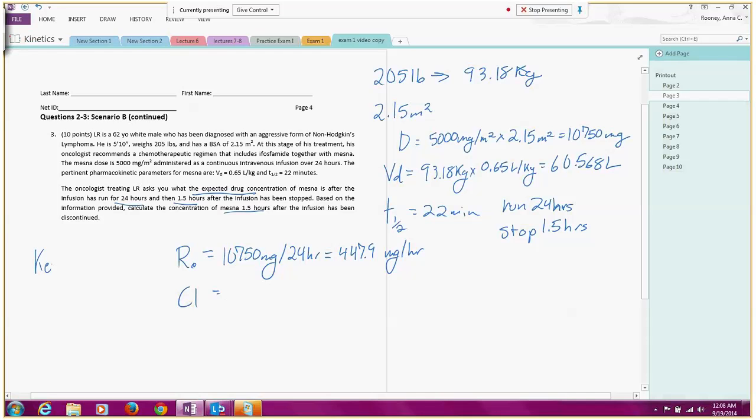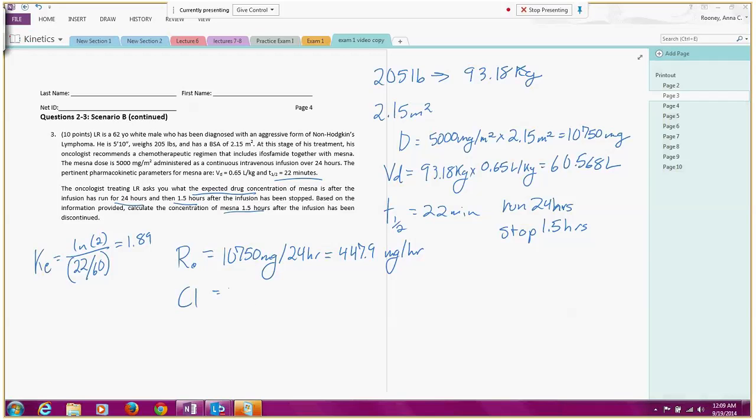So conveniently, I have left this space open for it. You know how to find that. This is always in hours, so you have to convert that into hours because they gave us our half-life in minutes.